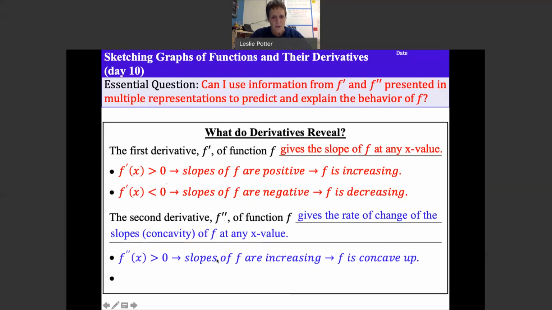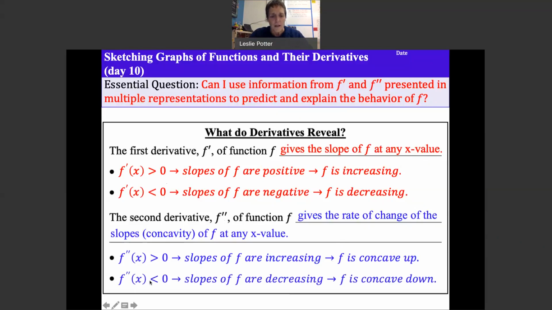So when we say the slopes of f are increasing, we're saying that the first derivative is increasing. Let's start with something that has a positive slope. If it's increasing, it's getting more positive. It's getting more vertical. And if that's the case, then we have a concave up. We have something that looks like a cup that holds water.